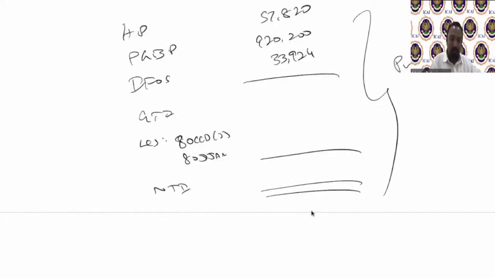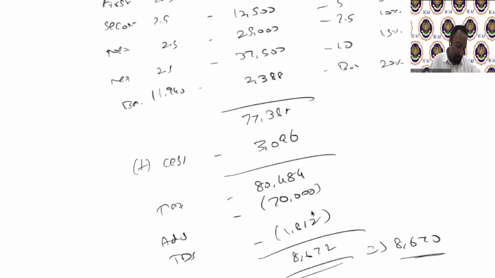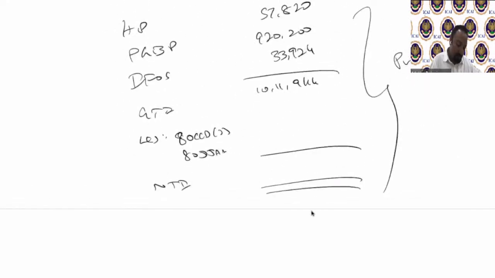You get your gross total income, which was 10,11,944, right? In this, there is nothing that is allowed. So 10,11,944 rounded off to 10,11,940. So you do this, then calculate the tax. So that is how you do it.